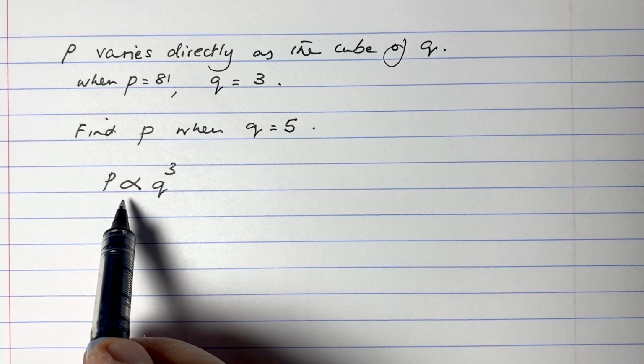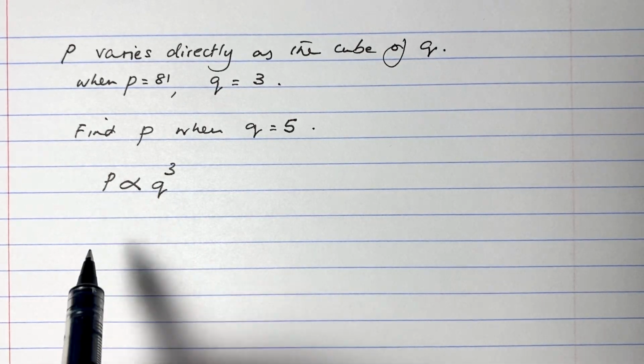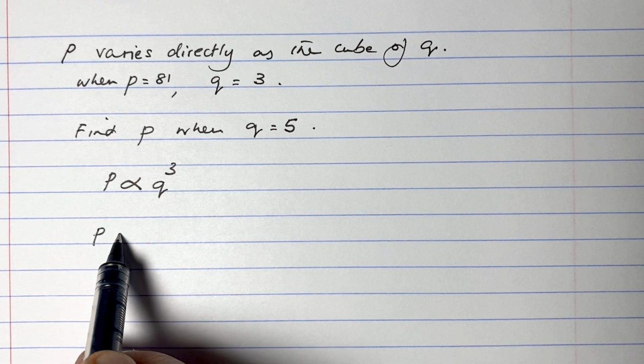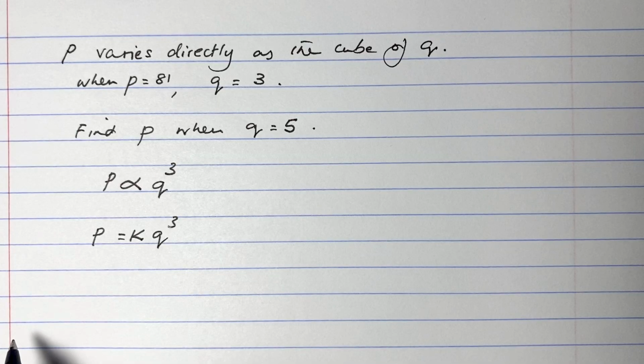So if you remember, we changed the proportional sign to equal k. So P equals k Q cubed.